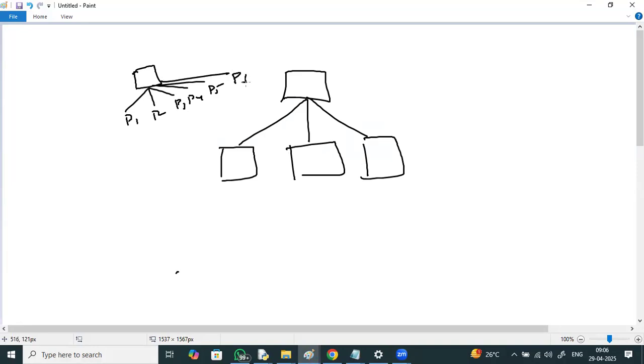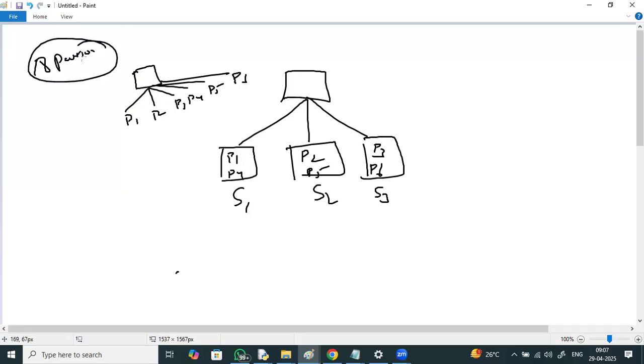Here P1, P2, P3 are stored, and again P4, P5, P6. If 18 partitions are there and only 3 systems, then 6 partitions are stored on each system.